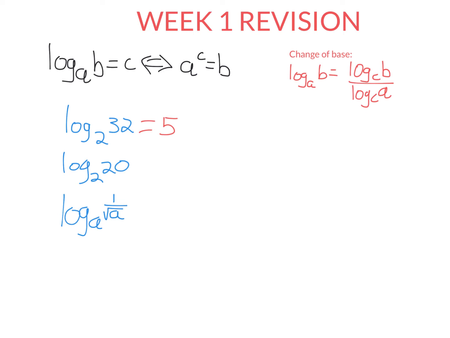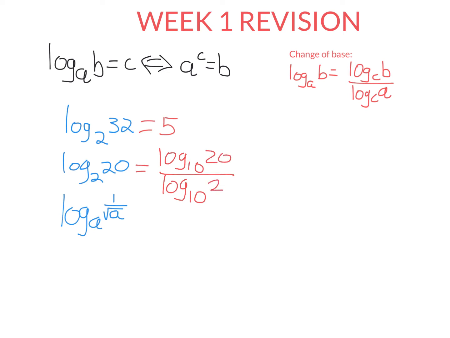Now, most scientific calculators only allow you to input base 10, so we can use the change of base formula here. So log base 2 of 20, if I don't want to work in base 2, I can work in base 10. So to change the base, we put log and the base we want to work in on top and bottom. So the number 20 goes on top and the base goes on the bottom.